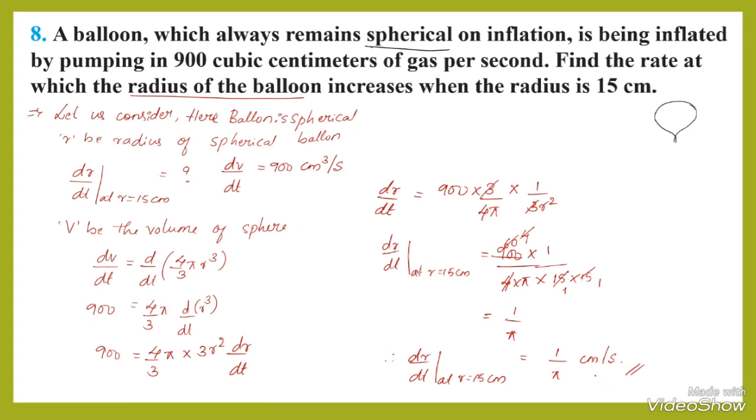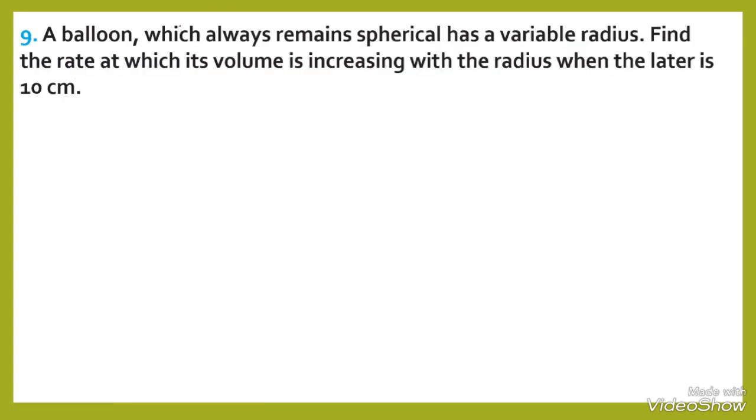Okay, let's move on to the next problem, question number 9. This is homework for you all. This is also similar to the 8th question. I have to take the sphere only. Here we have to find the rate of change at which the volume increases, that is, we have to find dV by dt.